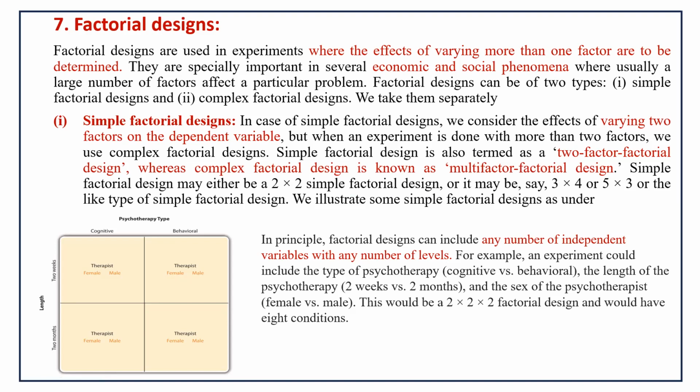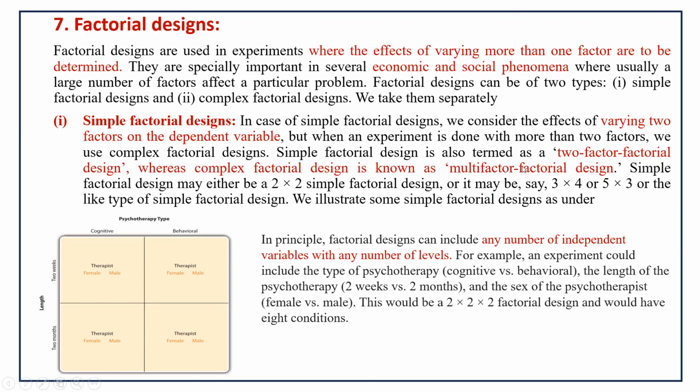Factorial designs can be of two types. One is simple factorial design and another is complex factorial design. We will see one by one. Simple factorial design is one in which we generally consider the effects of varying two factors on the dependent variable.